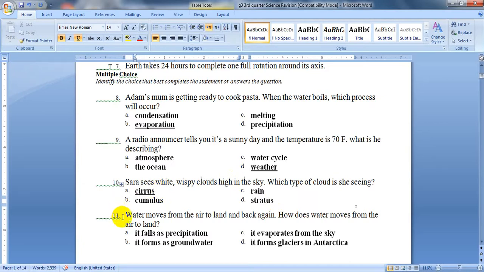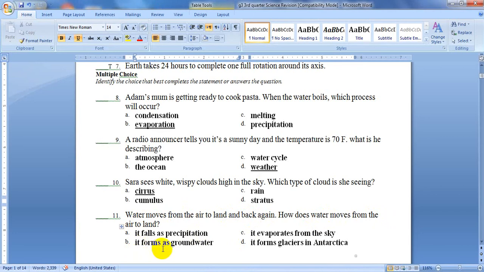The next one, question number 11. Water moves from the air to land and back again. How does water move from the air to land? It falls as precipitation.